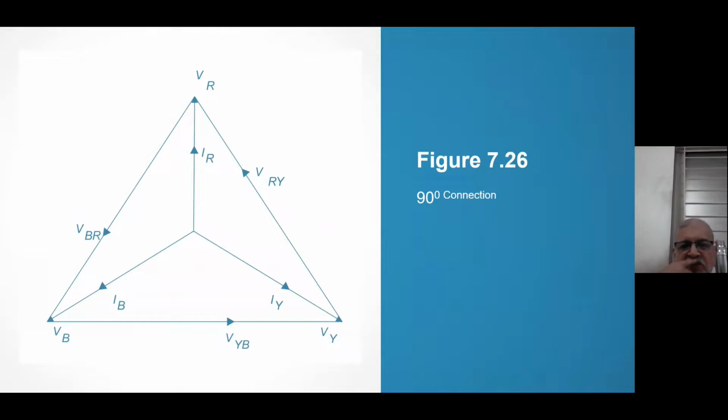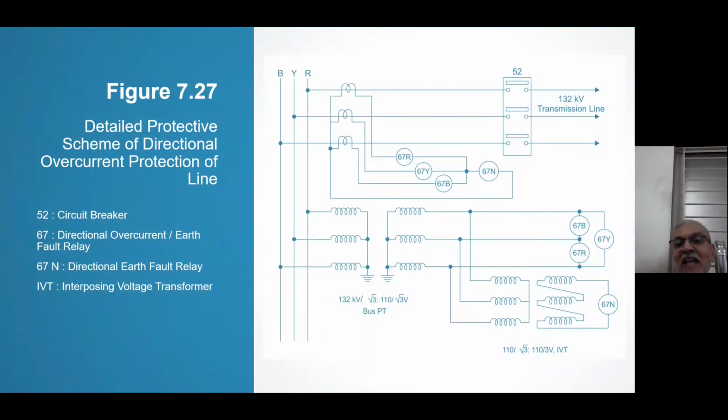So how does the directional relay, this 90-degree connection, how do we arrive at it? And physically, how do we connect? See, I am connecting 67R. 67 is the number of the directional overcurrent relay. 67R in R phase, 67Y in Y phase, 67B in B phase, 67N in the residual circuit of the 3-line CTs.